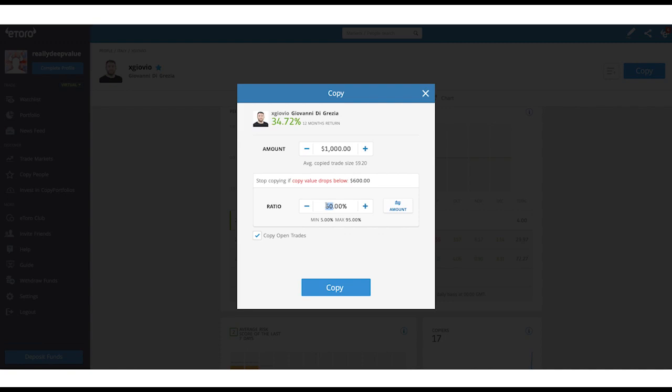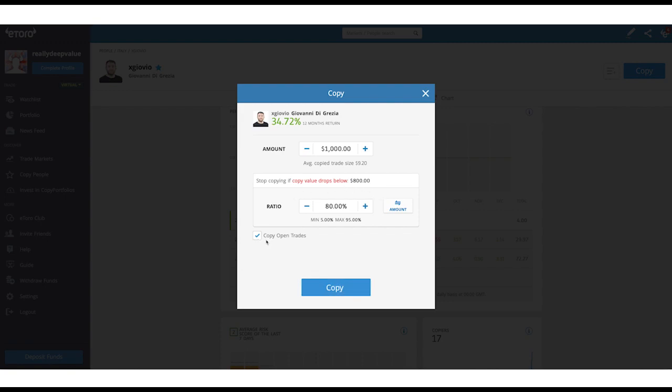It's set to 60%. It's quite high, which means you can lose up to 40% of the value. So let's change that to 80, which means that we can lose up to 20% of the value. So that'll change to 800. If it drops below $800, then we stop copying, as you can see.